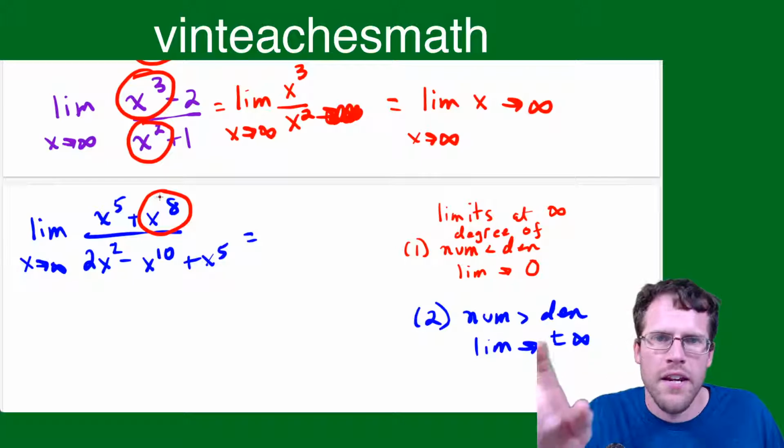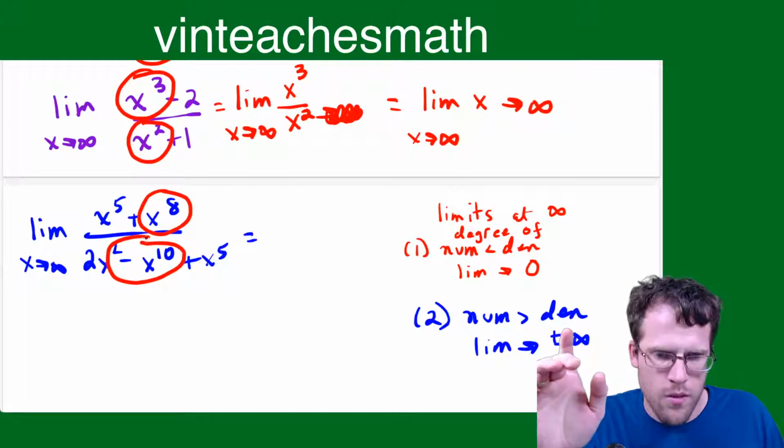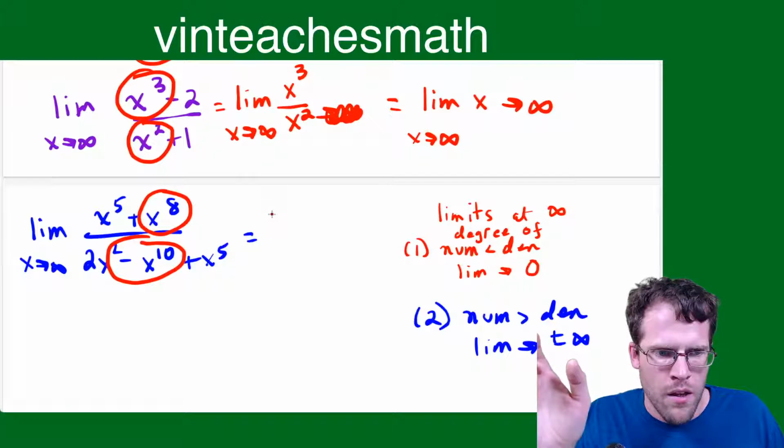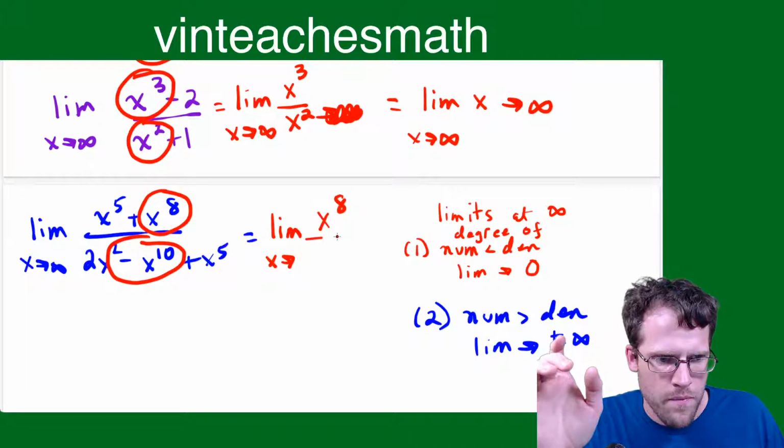So x to the 8 wins on the top part, and then minus x to the 10 wins on the bottom. So this I could rewrite as the limit as x goes to infinity of x to the 8 over minus x to the 10.